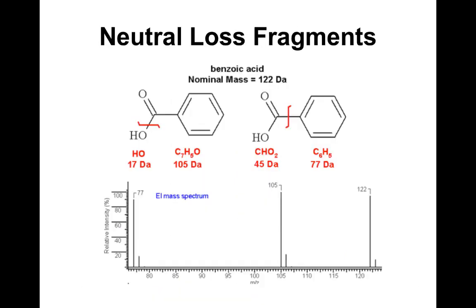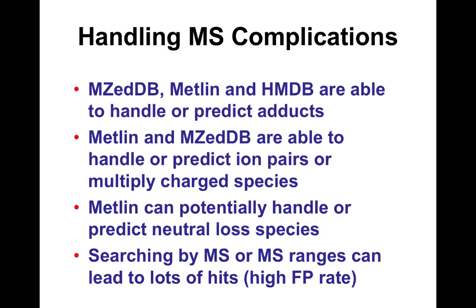There are also a variety of neutral loss fragments that will occur. These are essentially the removal of moieties from the molecule, leaving, in some cases, a neutral compound, which is not detectable, along with a fragment which is ionized and detectable.